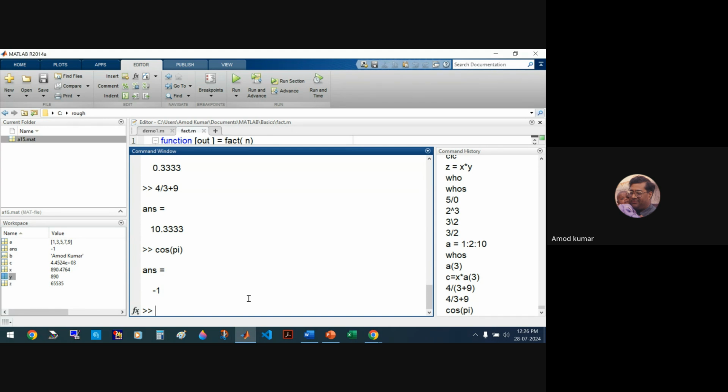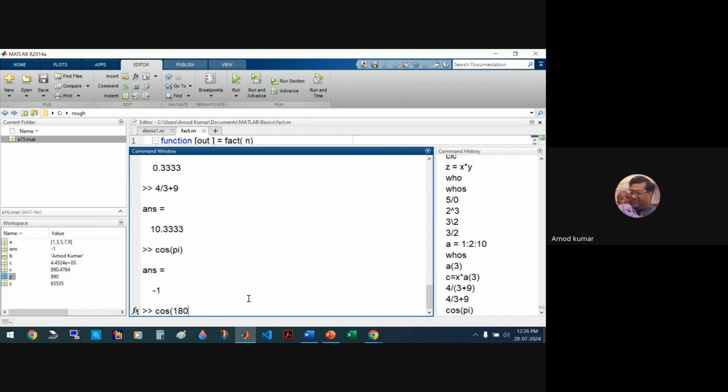And in MATLAB, for all the trigonometric functions, you have to give the angle in radians, not in degrees. So cos 180 degrees will be something else, you know. Suppose I write cos 180.